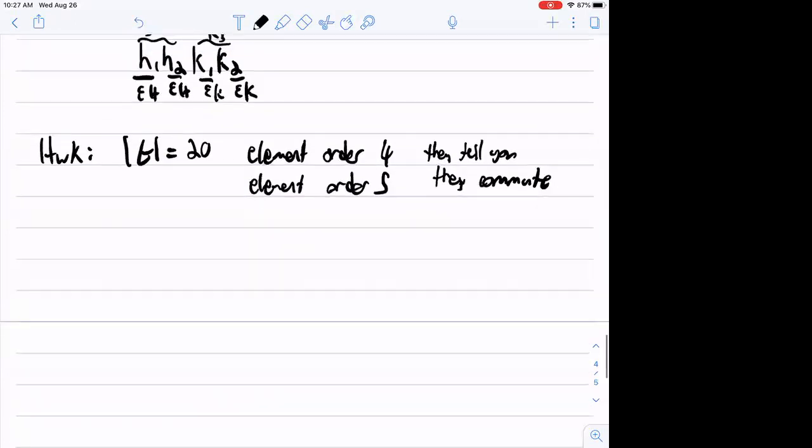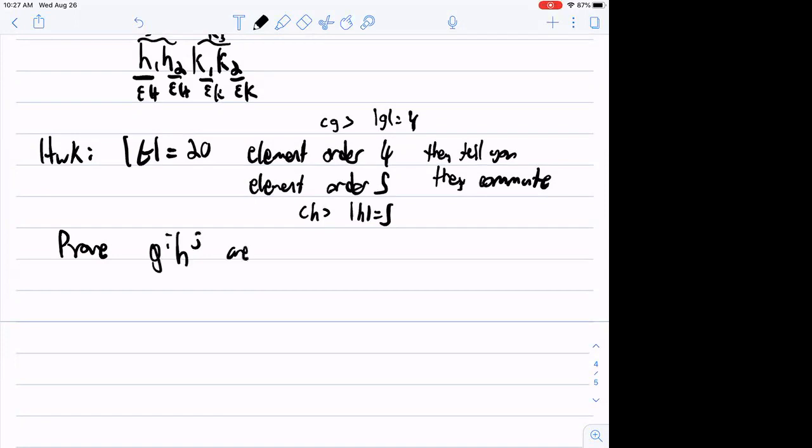And to do that, just prove, if you have this element, let's call it G, its order is 4, and you have an element H, order is 5, then prove G to the i, H to the j are all distinct, for i between 0 and 3, j between 0 and 4.